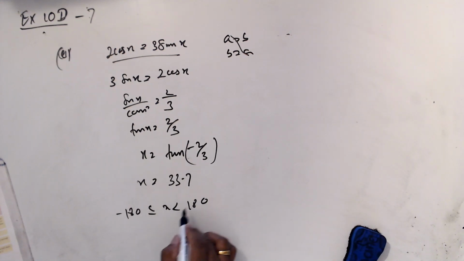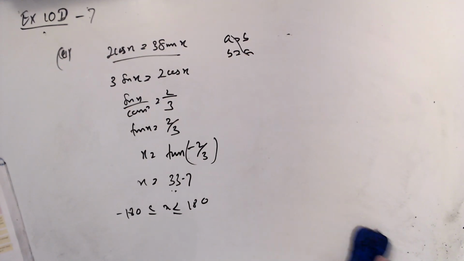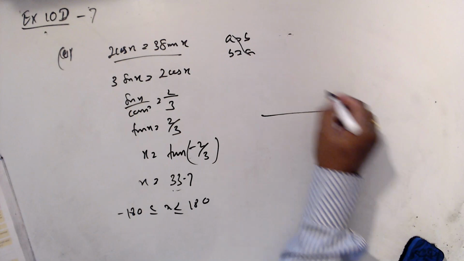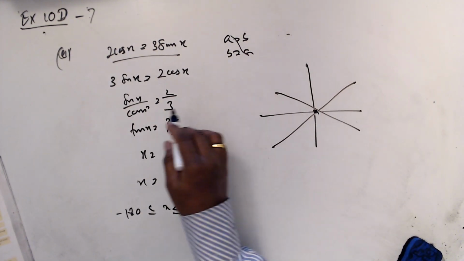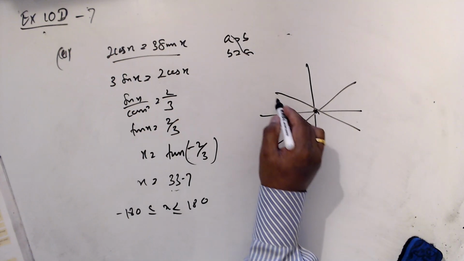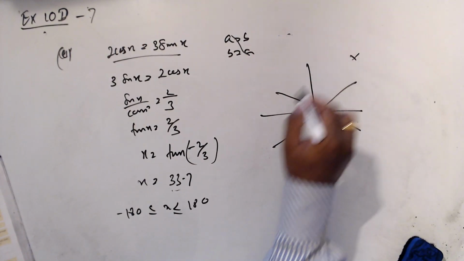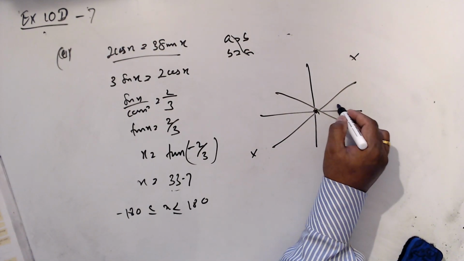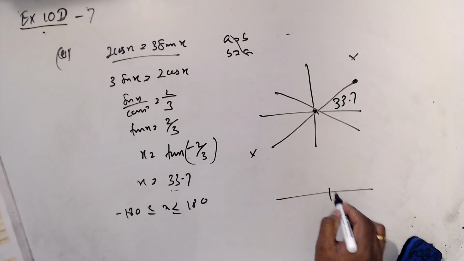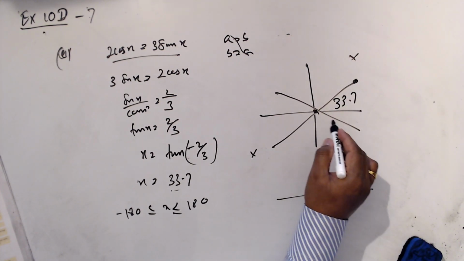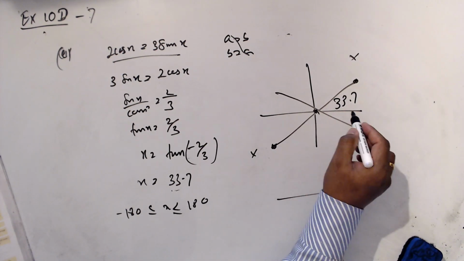So this is a good answer, and this is acute as well, so we can find. And tan is positive on this one and this one, so this is 33.7. So one starting point, we took that one, the other one this one.